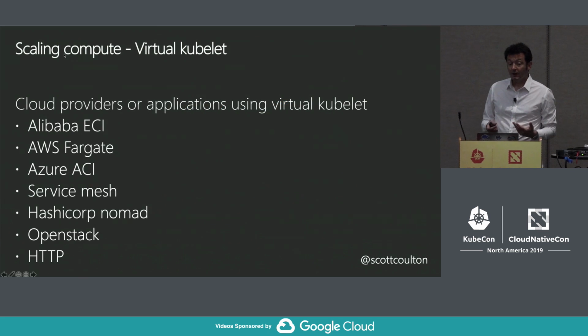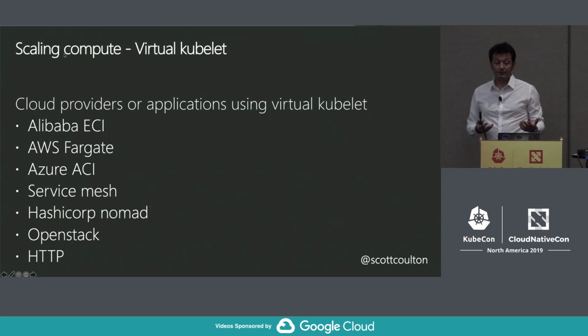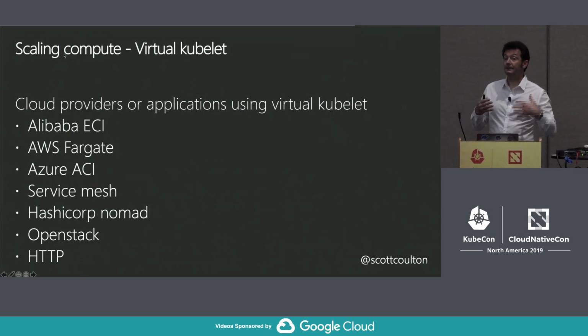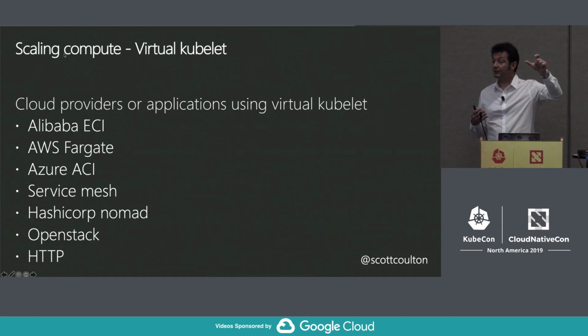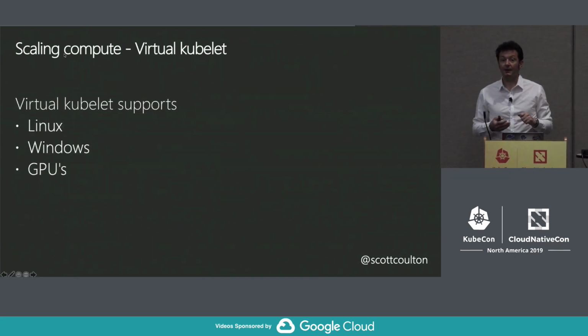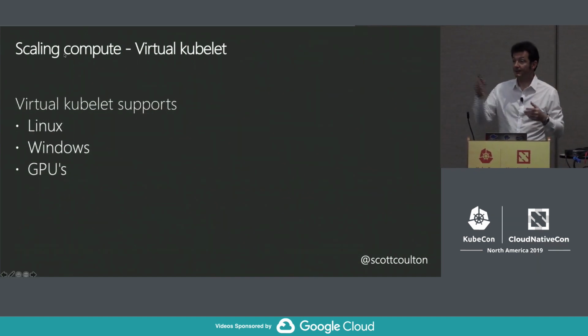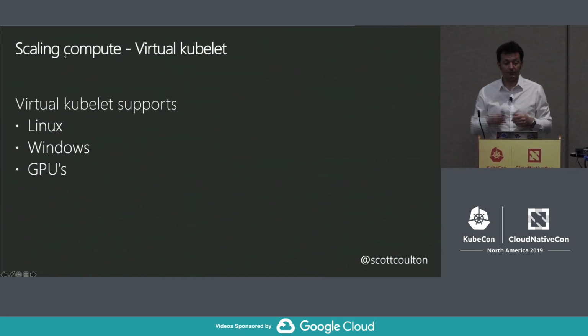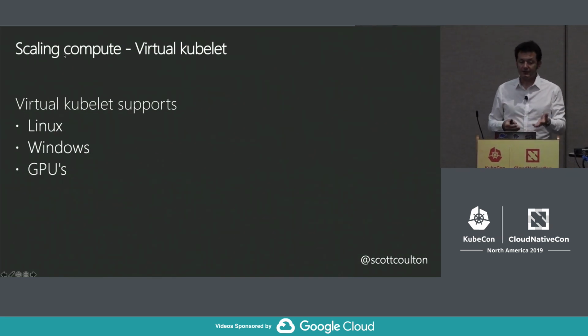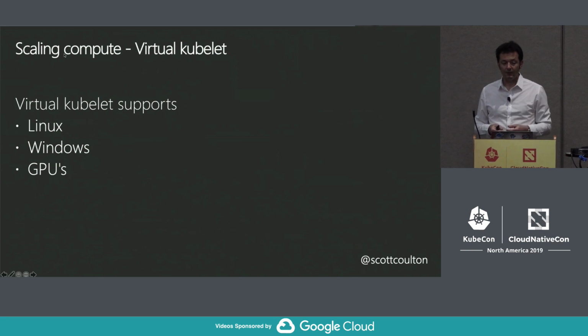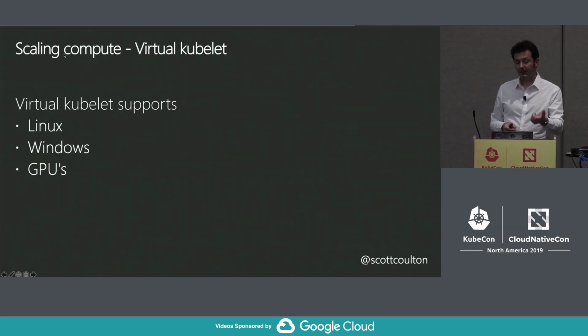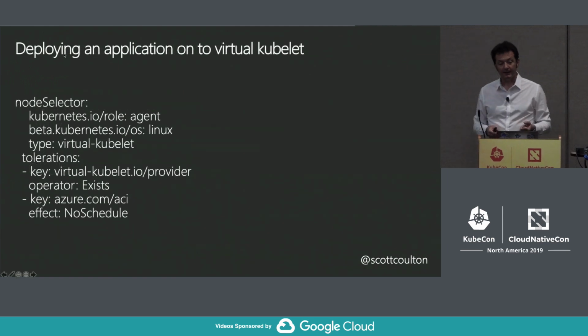So in order to deploy an application to the virtual kubelet, once you have configured your cluster to implement the virtual kubelet and configured the virtual kubelet to be able to leverage that, it looks something like that with a node selector, where you specify the OS and the type will be virtual kubelet, and then you can add some tolerations.